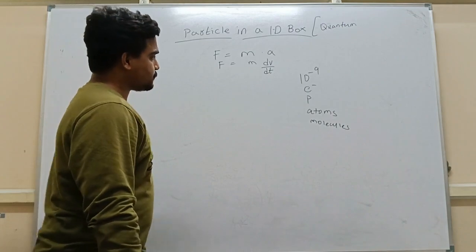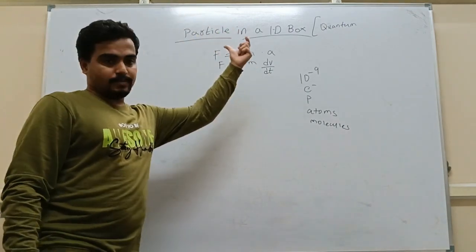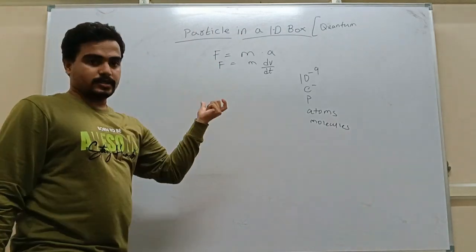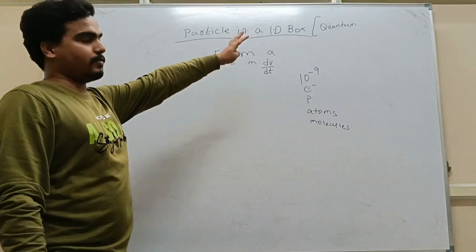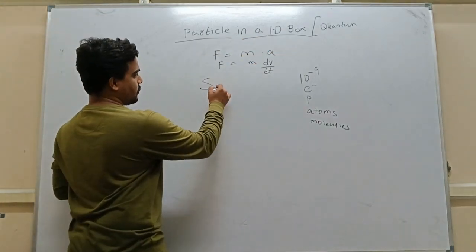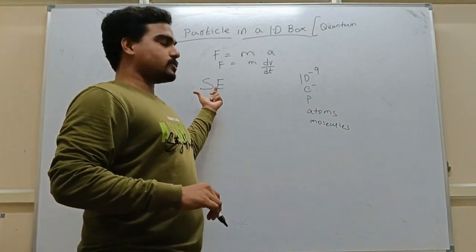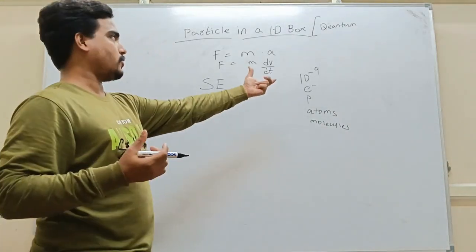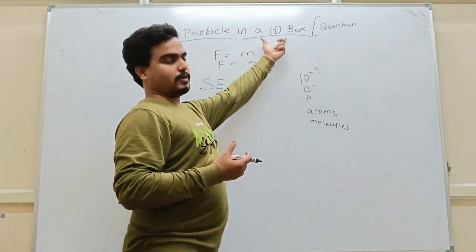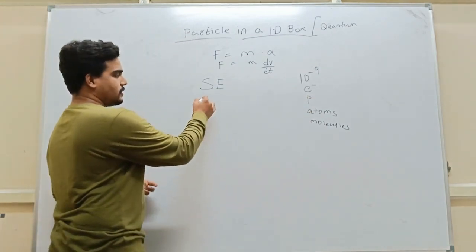Now, as we have Newton's equation in classical mechanics, in the same way we have an equation in quantum mechanics as well. The Newton's equation of quantum mechanics is called the Schrödinger equation. The Schrödinger equation says that if you want to study any system, like an electron, a proton or a particle in a box, which can be a 1D box, 2D box or 3D box, we first take an operator.